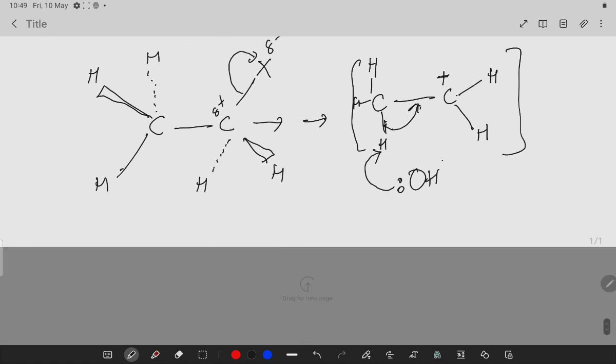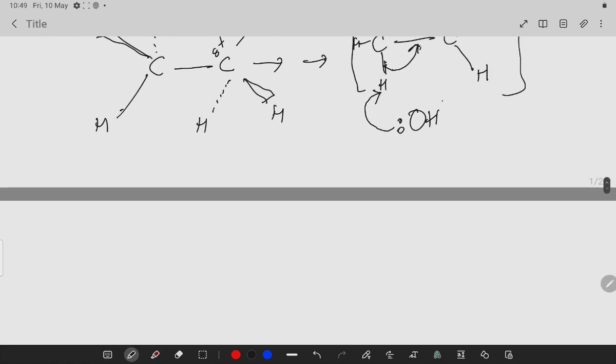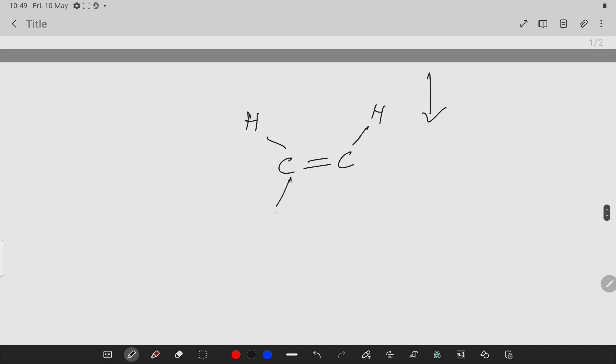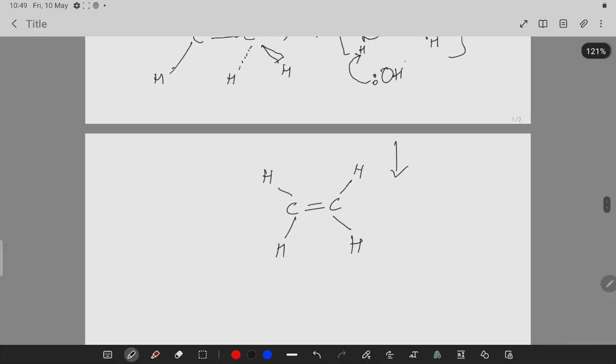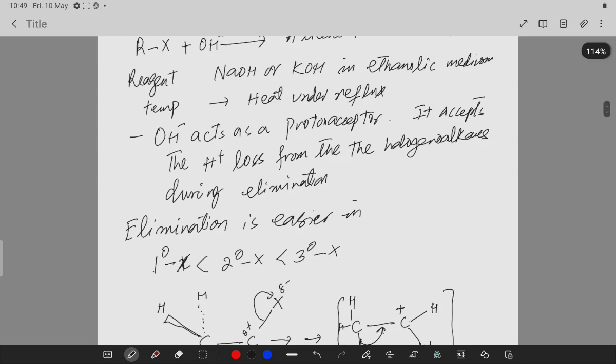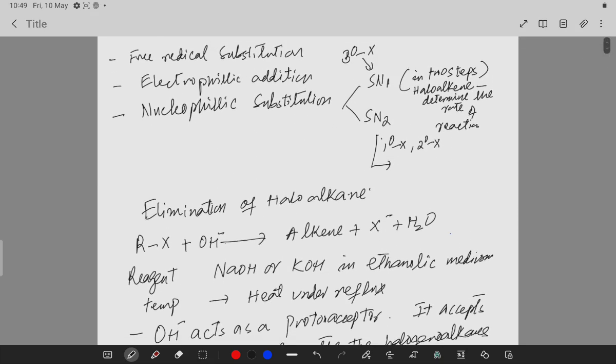So this is intermediate and the compound is C double bond, H, H and alkene is formed. So this is the elimination reaction, elimination of haloalkane.